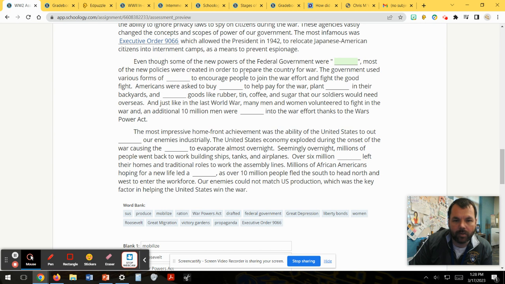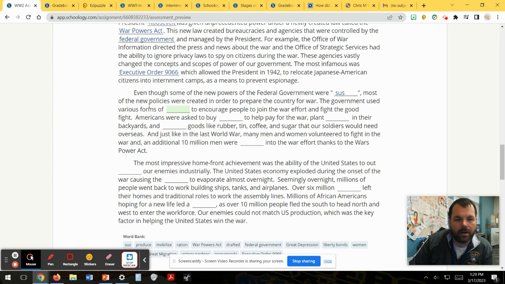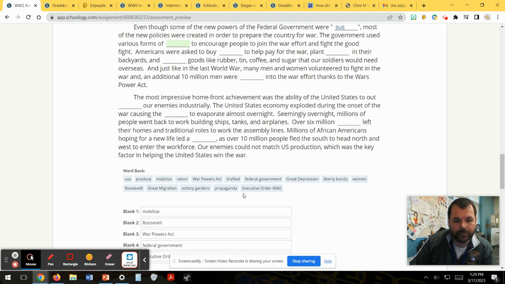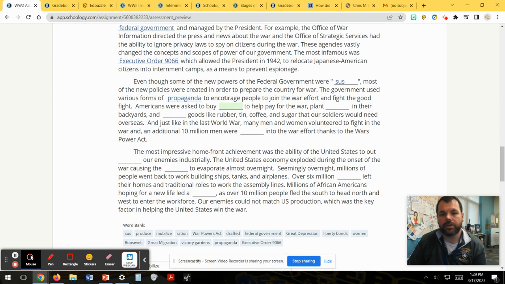Even though some of the new powers of the federal government were blank, most of the new policies were created in order to prepare the country for war. The government used various forms of blank. This would be propaganda, to encourage people to join the war effort and fight the good fight.